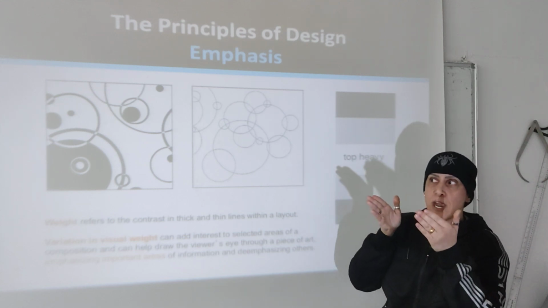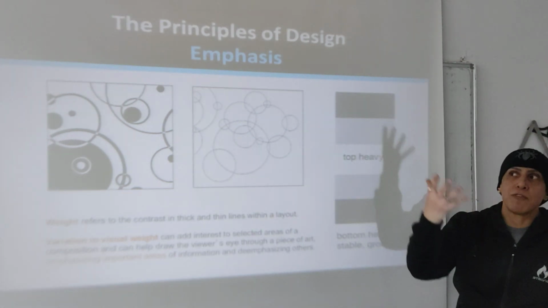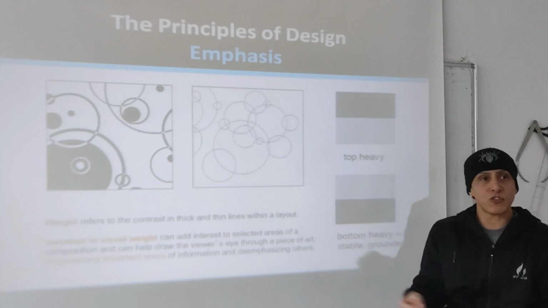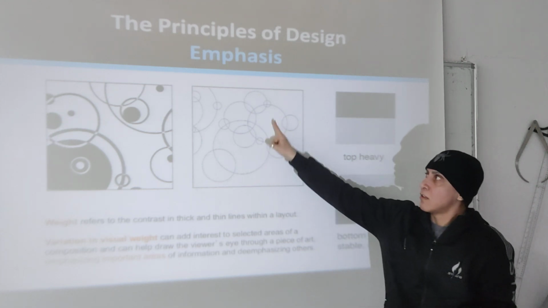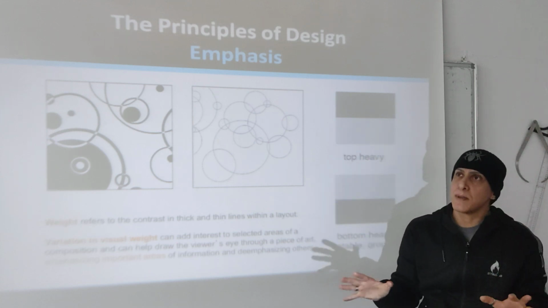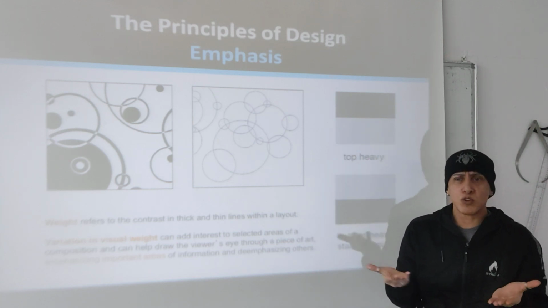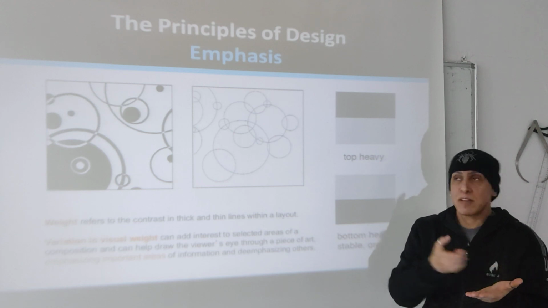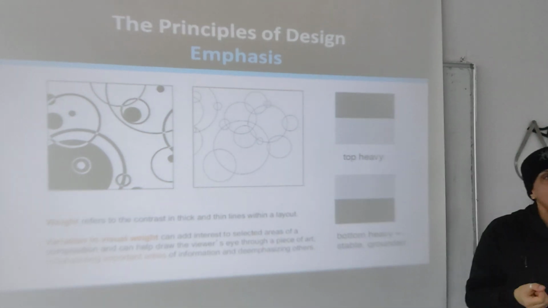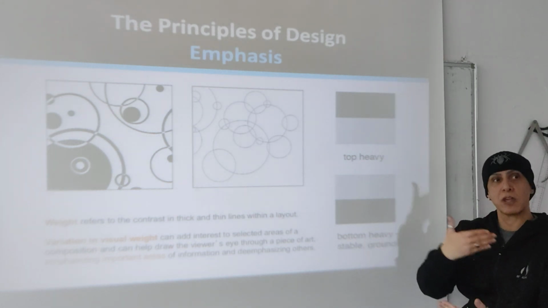It's not only to create importance to a particular area, but also to give dynamic to the design. Imagine you draw something and you use the same line everywhere. The composition will become a little bit boring, it will look too flat, but if you add differences in line weight, it can create dynamic, it can look 3D, you can make something appear 3D.